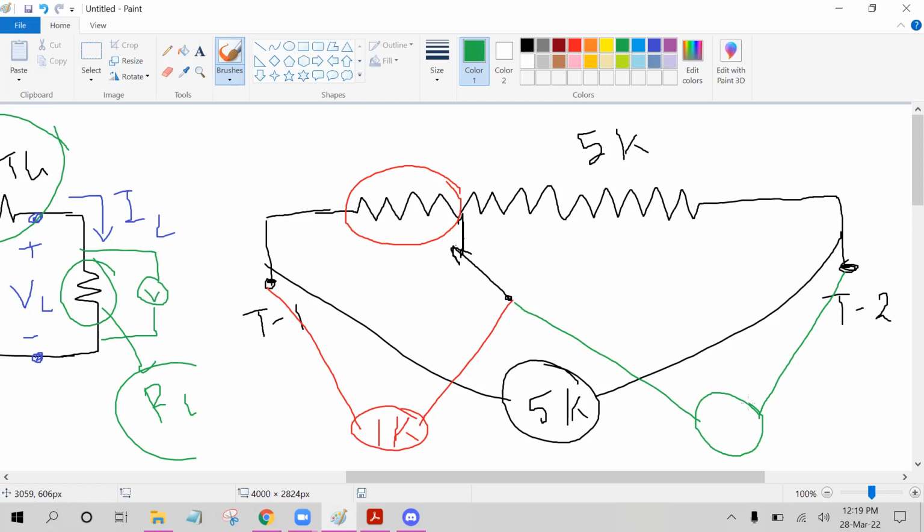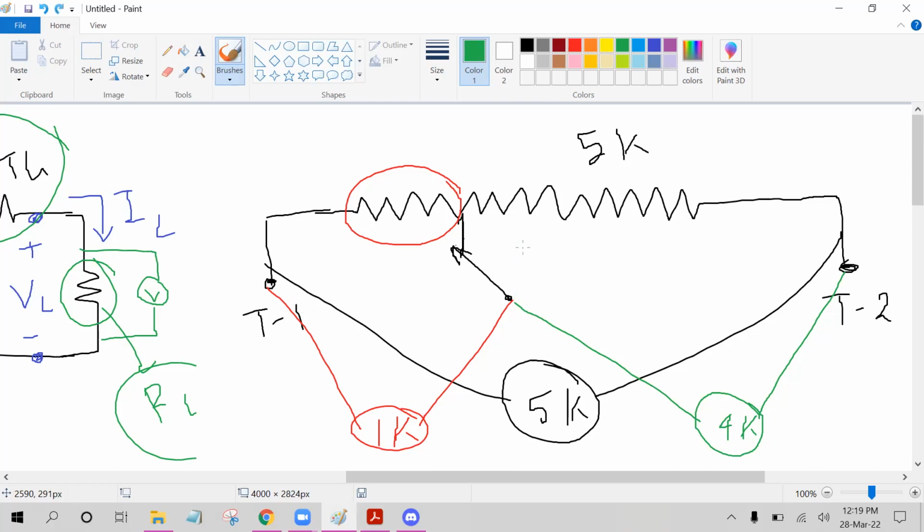Sorry, sir, exactly 4K. So I hope you have understood the basic idea. The wiper actually divides a long resistor into two portions. If the wiper is exactly in the middle position, the resistors on the left side and right side will both be 2.5 kilo ohm.